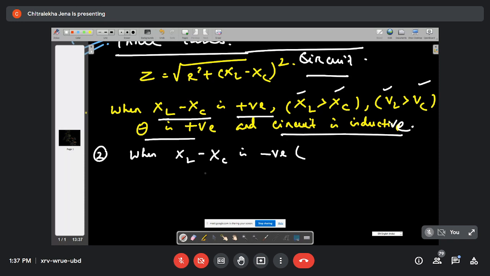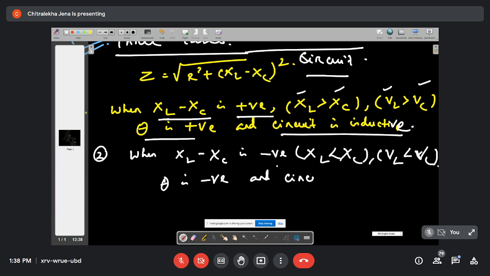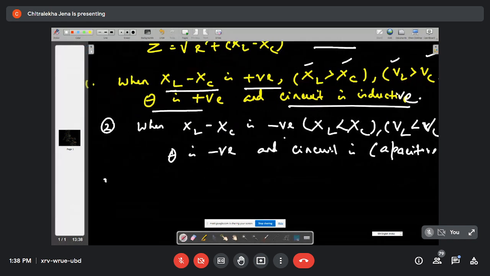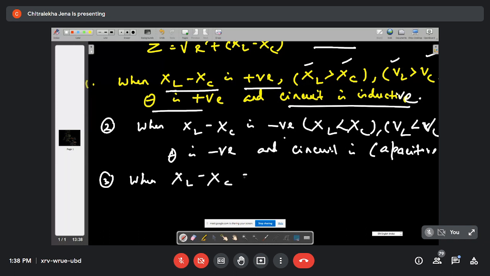Then when XL minus XC is negative, XL is less than XC obviously. VL is less than VC. Theta is negative at that time and circuit is behaving as a capacitive circuit. Now third case is when XL minus XC is equal to 0. Zero implies XL is equal to XC.